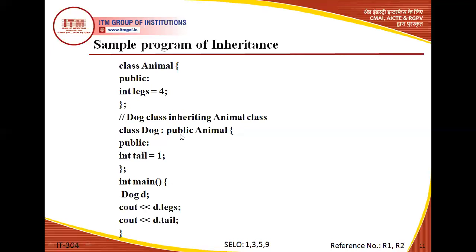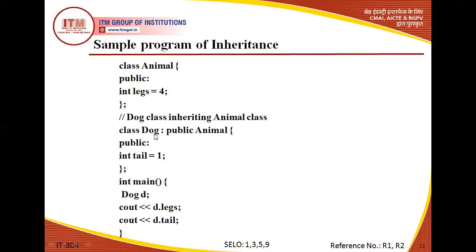It means that all the data members coming in with the help of that will become public. Here I have only one data member, leg, which is declared in the public part, and this parent class Animal is coming publicly into its subclass, or you can say its derived class.